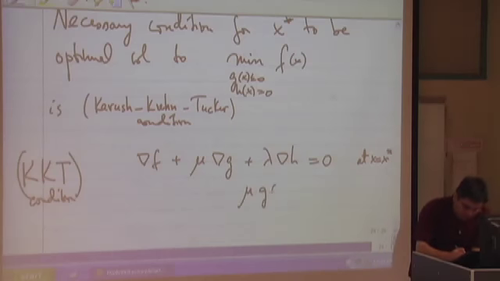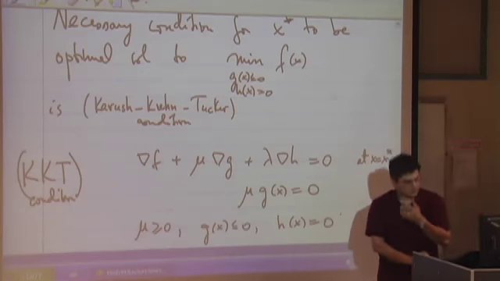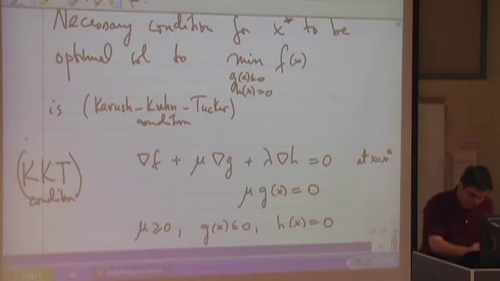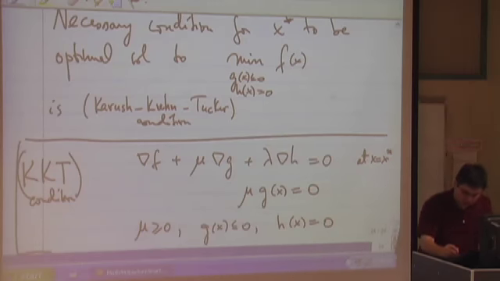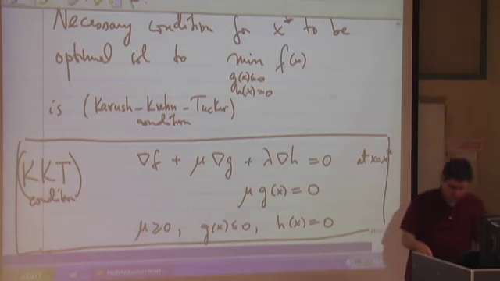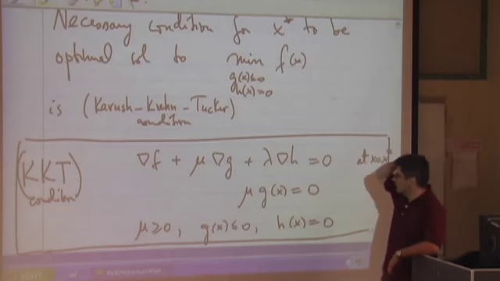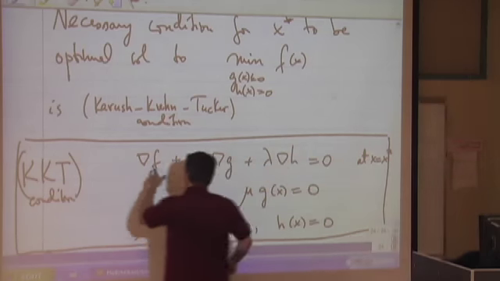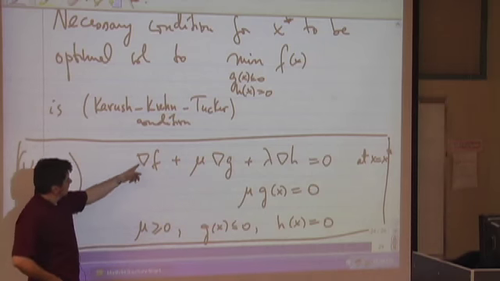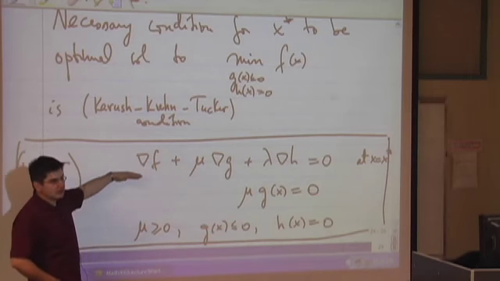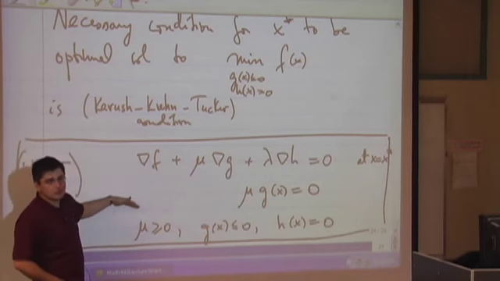Mu times g is 0. Mu positive, g negative, h equals 0. Let's look at this and see the dimensions. So here I have n components, right? One for each variable.